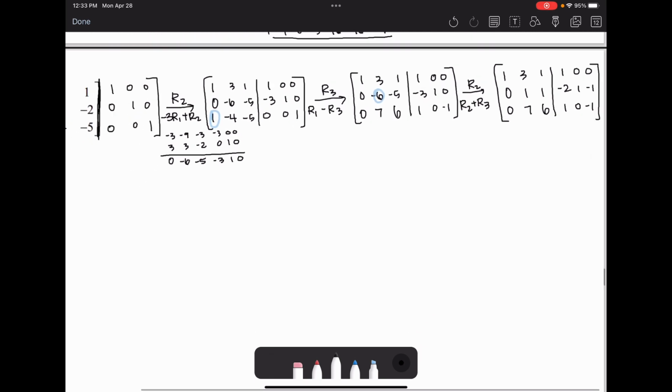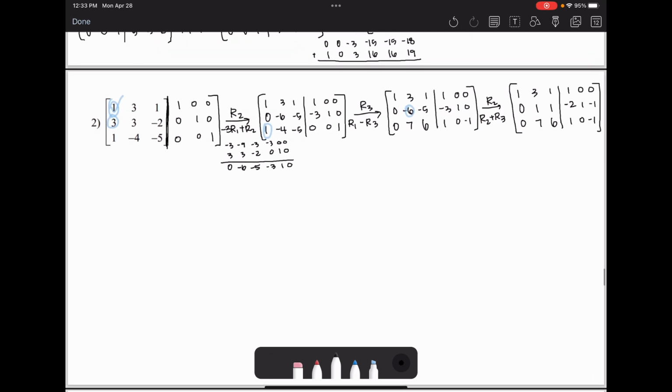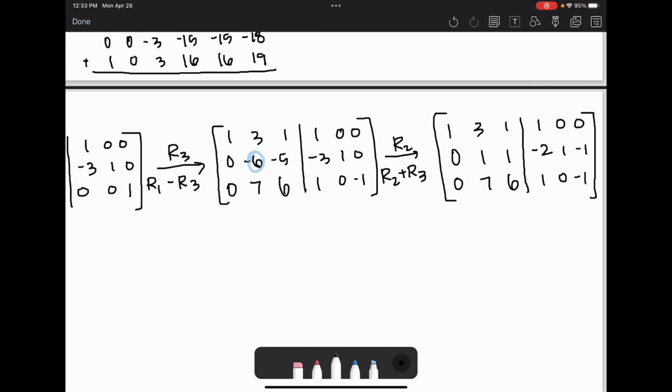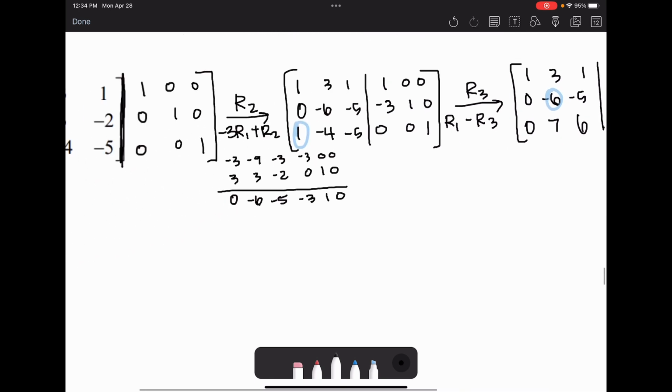Okay. So next, let's go over here. Go down a little bit. So now what we want to do, we have 1, 0, 0. We have 1. We want this to be a 0. So this is already a 1. So if we make this -7 plus 7, that would be nice to add together.